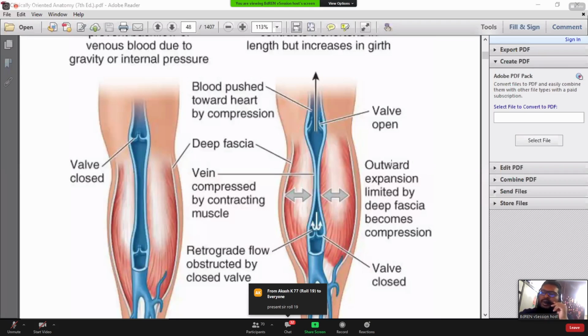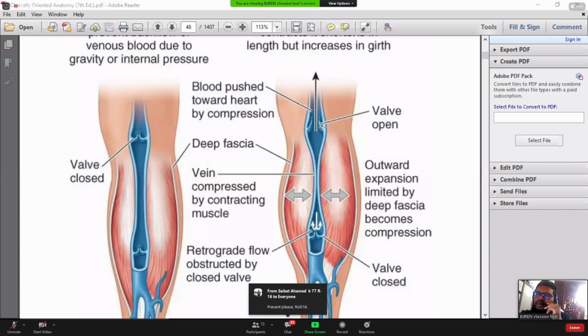So we must remember that all these factors don't work in all the regions of the body, or trunk. Rather, these are very much particular to particular sites or organs. Say, for example, first of all, we are considering the presence of the valves.